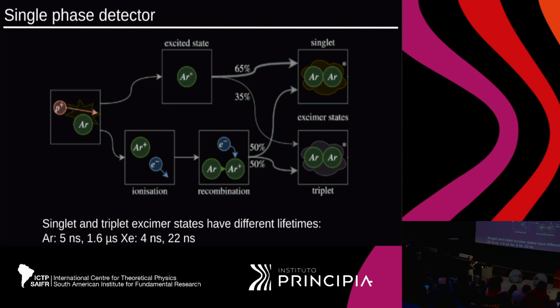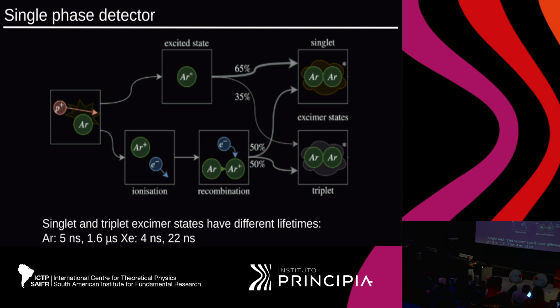It can go into an excited state directly, or it can ionize, and then couple with another argon nucleus that is there after it is ionized, and produce an argon molecule, okay? And then it captures an electron from the environment, and then it gets into this state that is called a triplet.